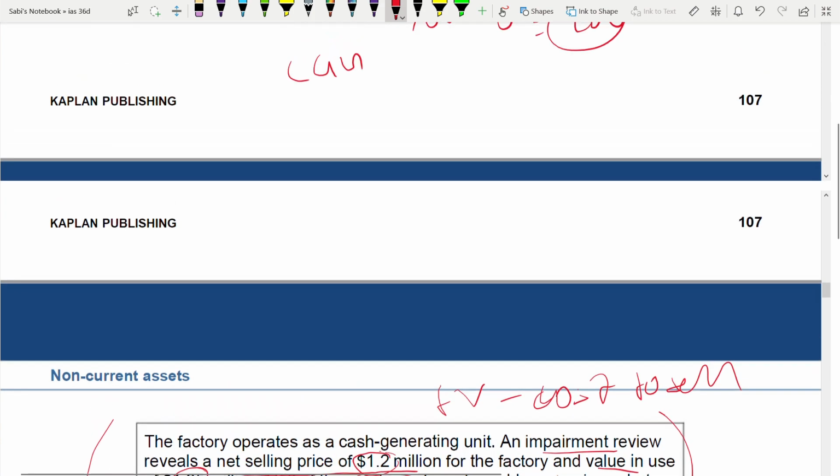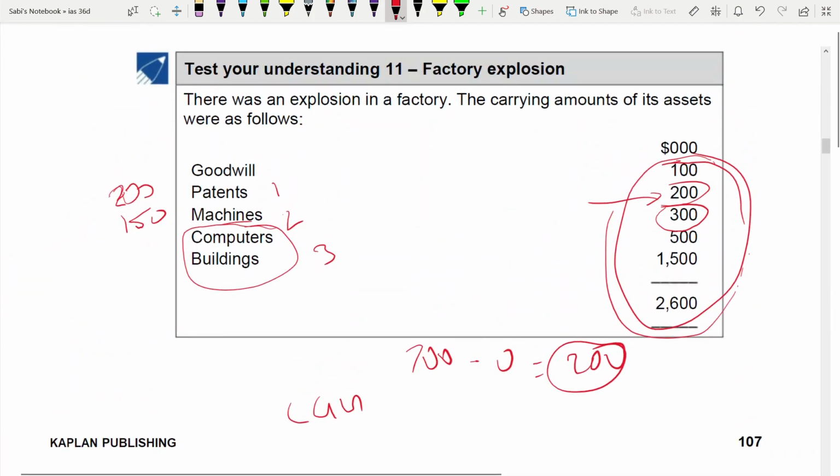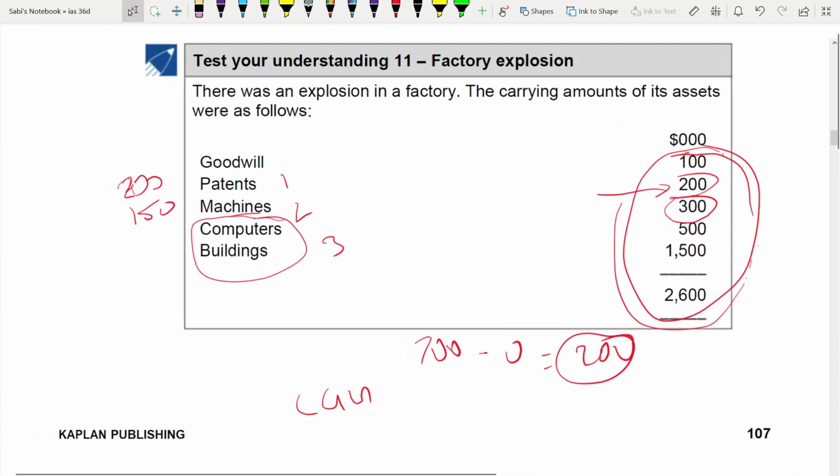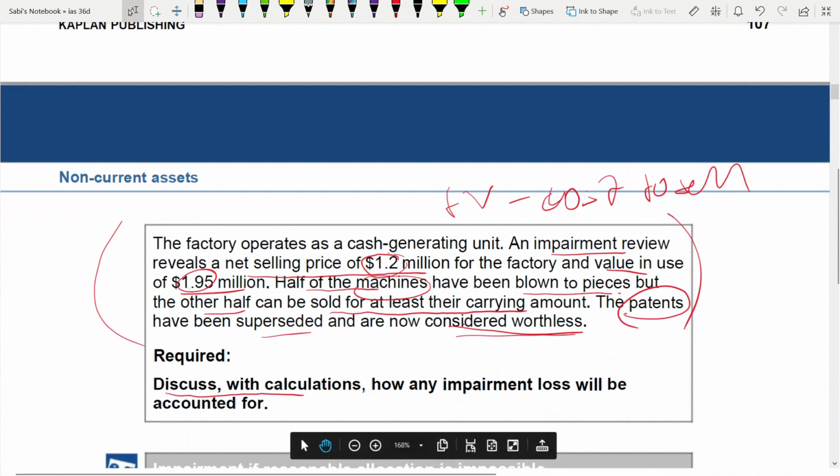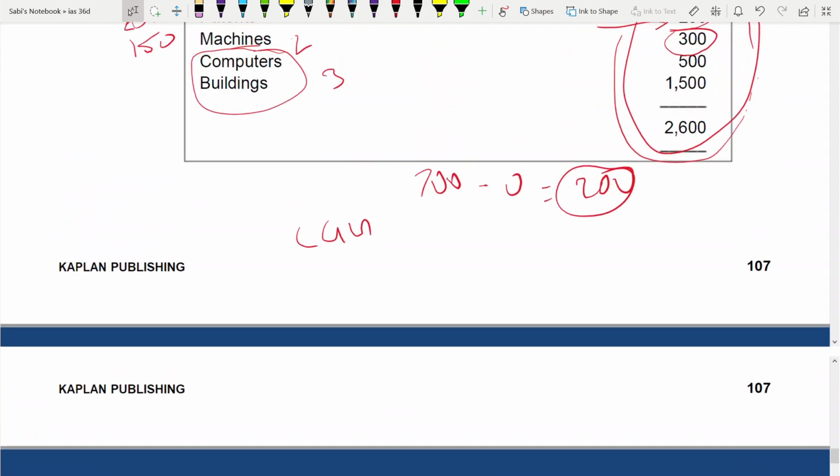So when you take it with this 1.95, then you can find the impairment. 2600 minus 1950. Let us take it and see. It is 650,000, the impairment.